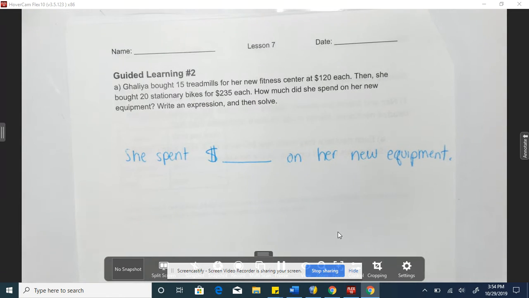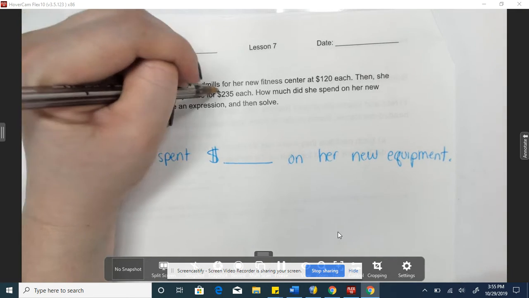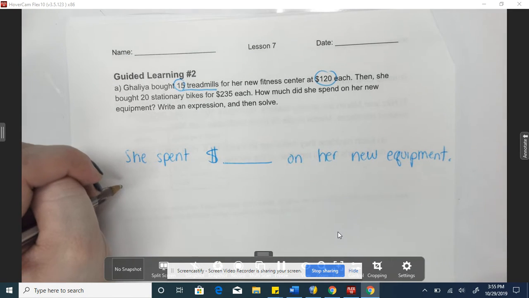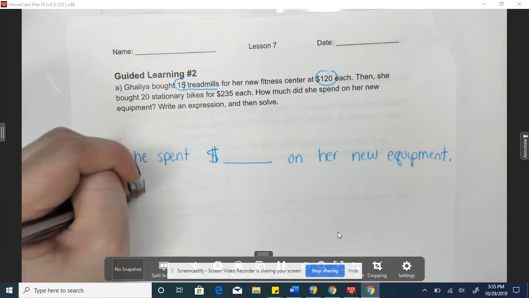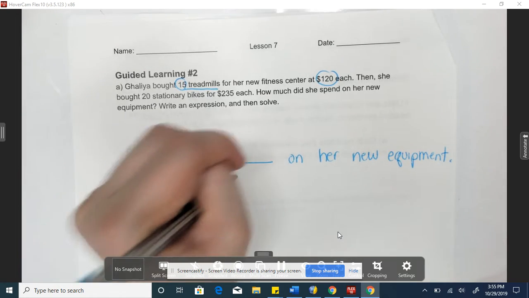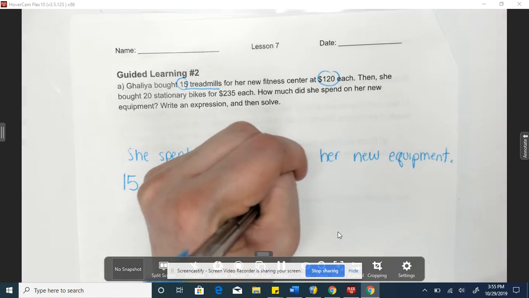Now I'm thinking, okay, what step do I need to take in order to figure out how much money she spent? So I know that she bought 15 treadmills for $120 each. So I'm going to write down some information to help me. 15 treadmills, $120 each.